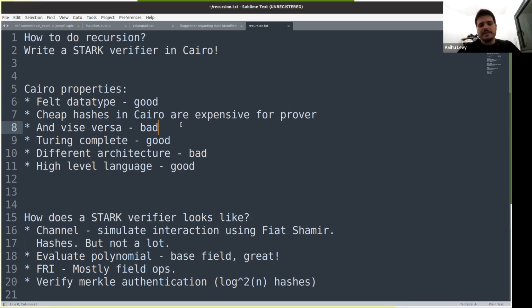So we already have this big infrastructure that makes Pedersen work very well in Cairo. We don't have Poseidon. Poseidon is good for both, but I'll claim later that it doesn't really matter. It's enough to have something good for this and something good for that.